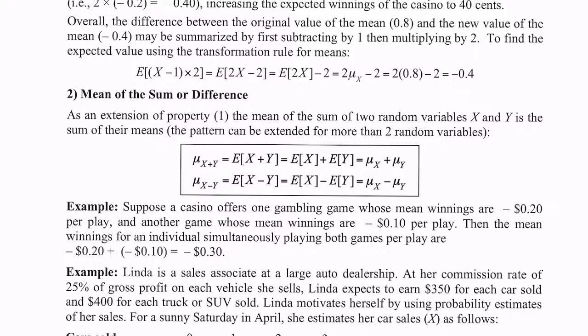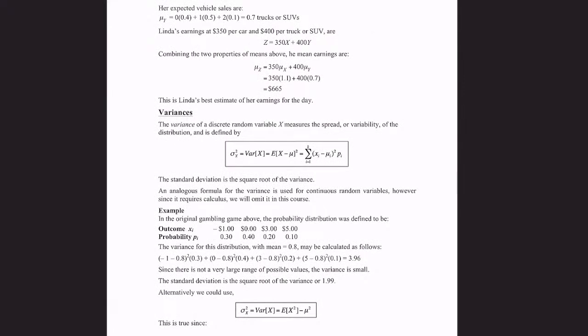And it turns out the mean of holding those two will be the sum of the means. So if you think about a portfolio of assets, we're interested in the returns on those assets. The return on average will be the sum of the averages for the individual assets. Or if it's a difference, it's just the difference. Okay, so I'm repeating myself. I have some examples there.